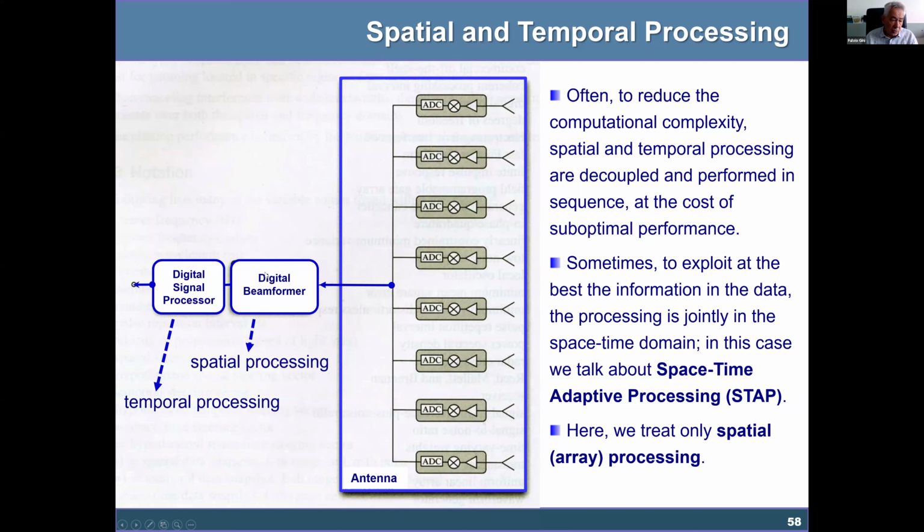First, we do spatial processing, so we steer the beam in some direction, and then we perform temporal processing on the signal coming from that direction. This way of processing is not optimal, but it has lower computational complexity than two-dimensional space-time processing.